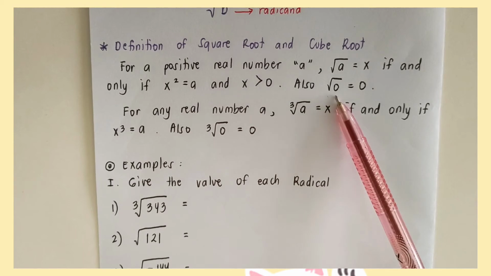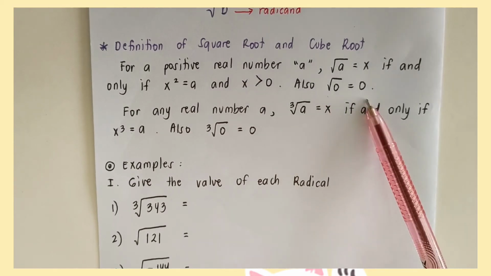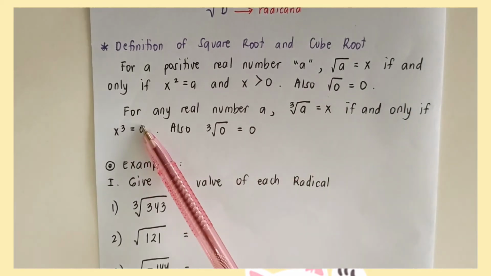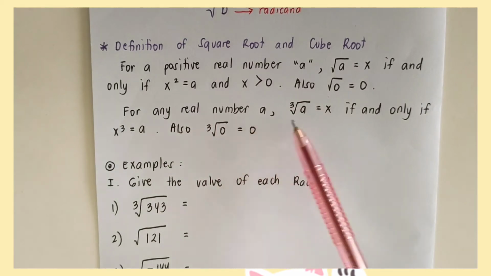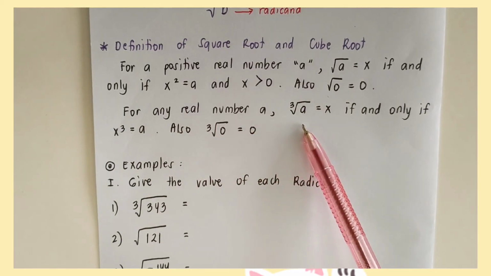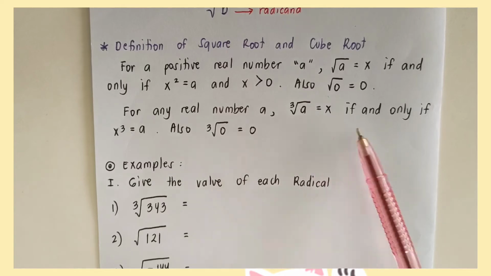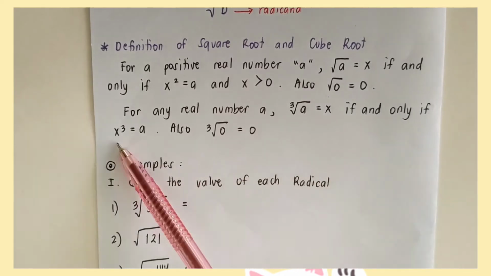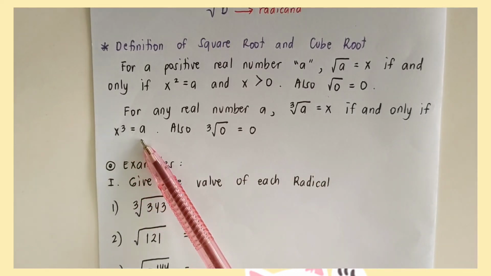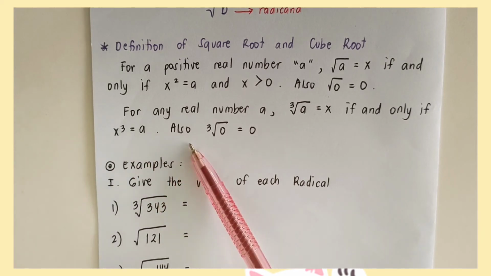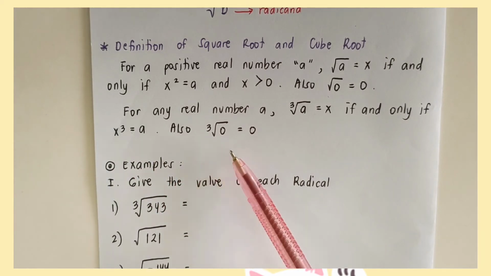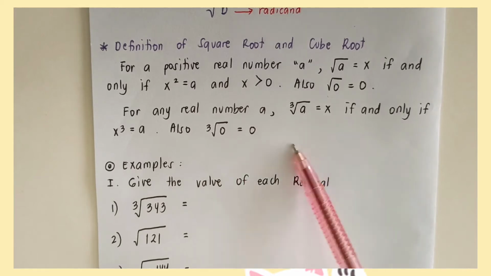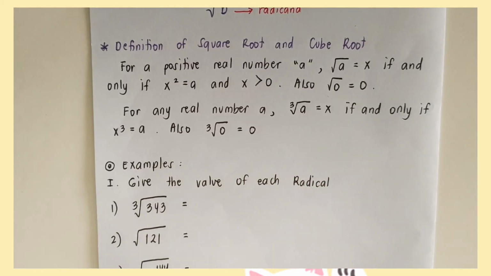Also, the square root of 0 is equal to 0. For any real number A, the cube root of A is equal to x if and only if x cubed is equal to A. Also, the cube root of 0 is 0. Take note of our definition.